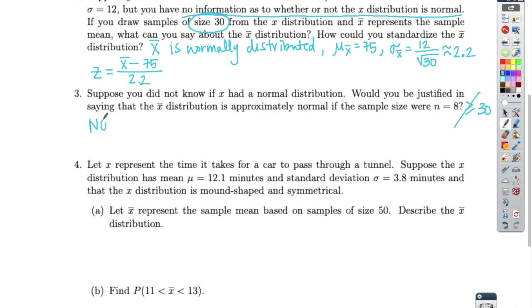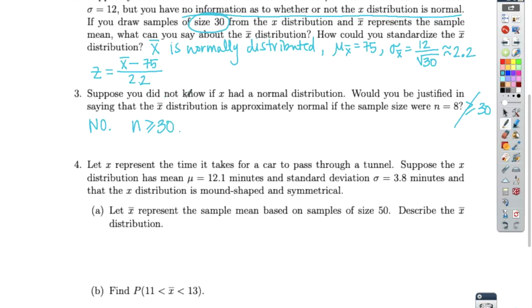So no, we can't say that x bar has a normal distribution because the sample size is not big enough. So we need n to be greater than or equal to 30. You have to have that happen.